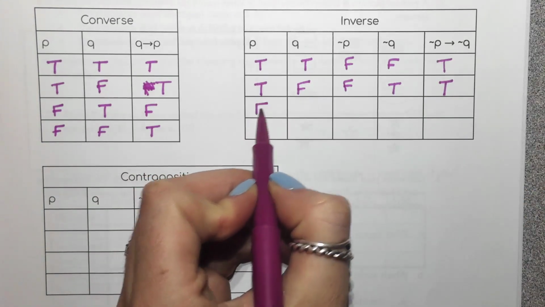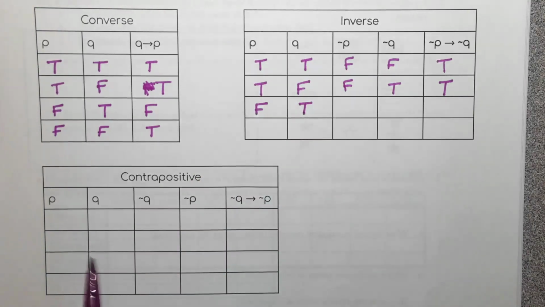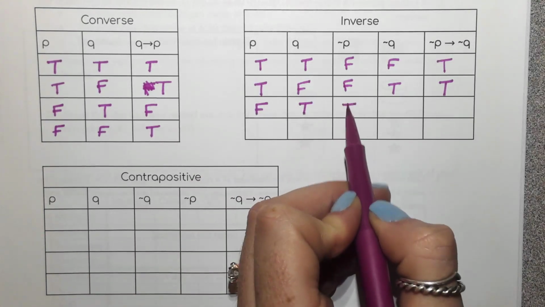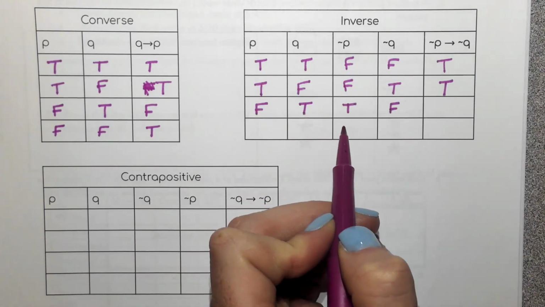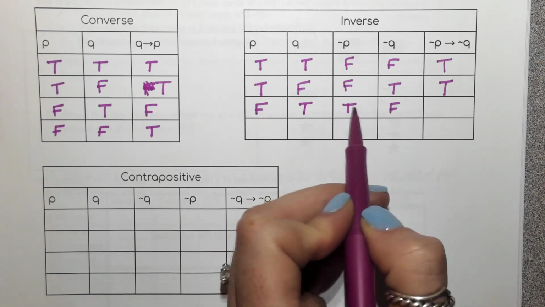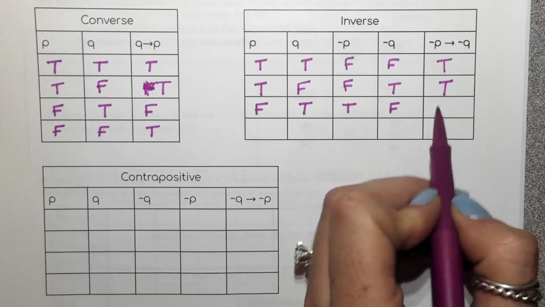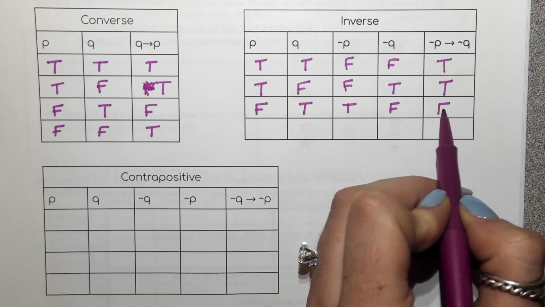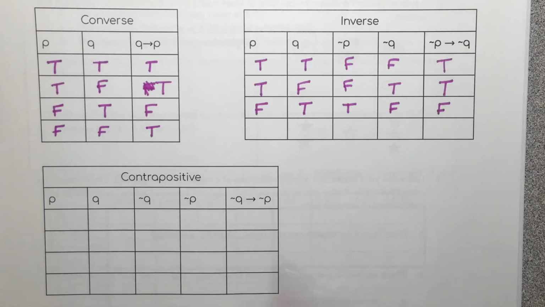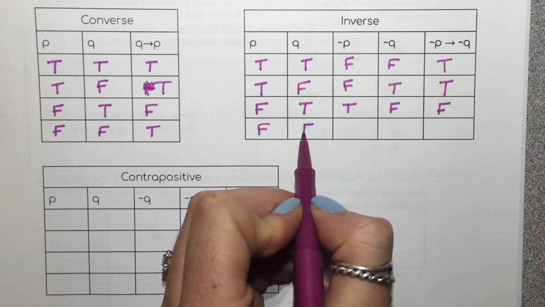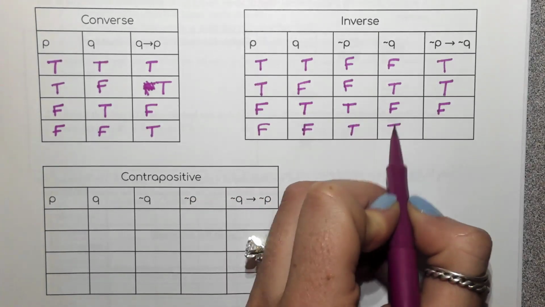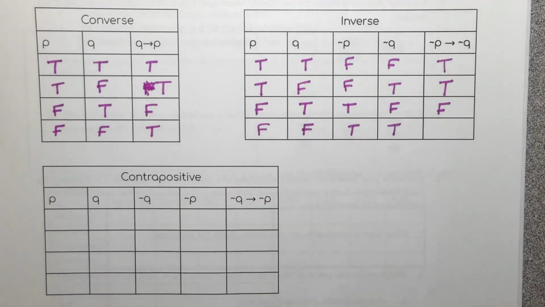Then if we had a false P and a true Q, the opposite of that would be true and then false. If we have a true assumption but a false answer, what should we get for our final? False. And then if it's false, false, that means we're going to get out not false, which would be true, true. And true, true is true.